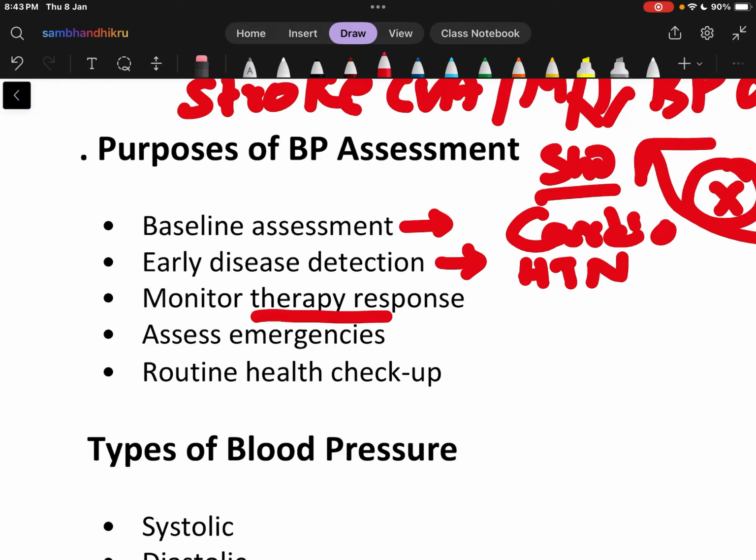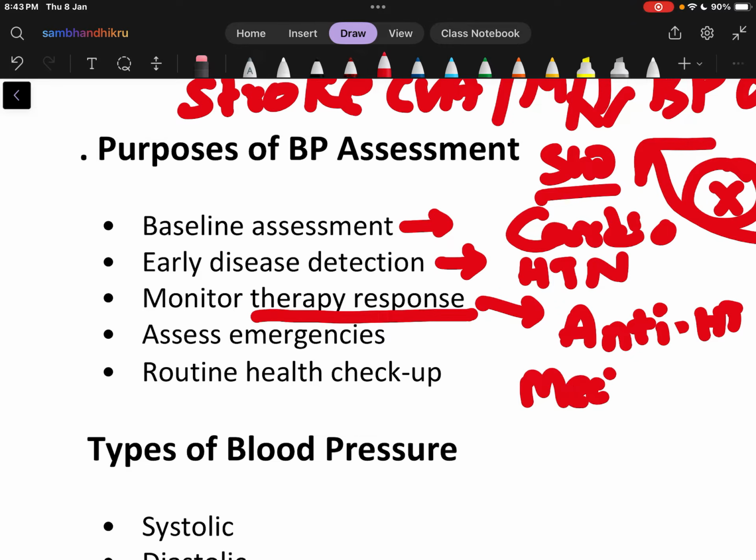To monitor the therapy response. That means you give anti-hypertensive drugs, the drugs which act against hypertension, in order to check whether they have done their activity, whether they acted by the correct mechanism or not.